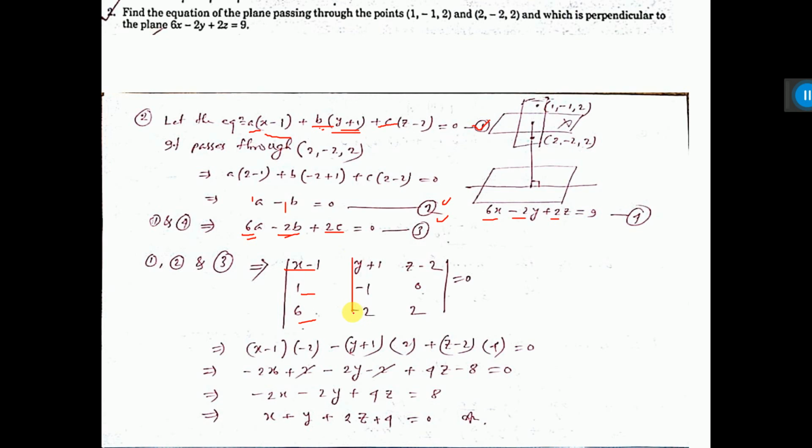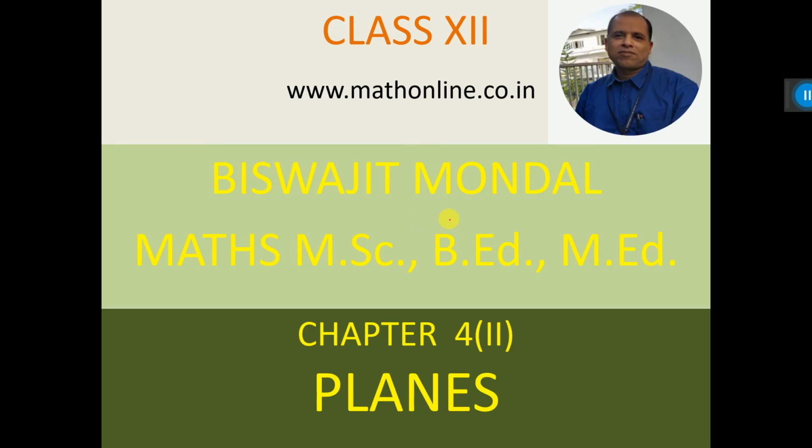That is written in this column. Here coefficient of c is z minus 2. Here nothing is there, so 0 it will be, and here 2, that is written. Now you expand this determinant, you will get the equation of the plane. That's all.